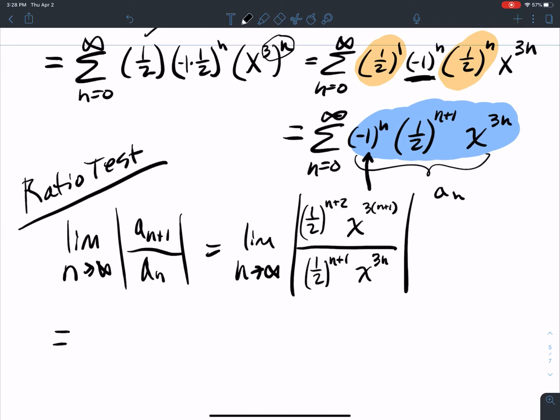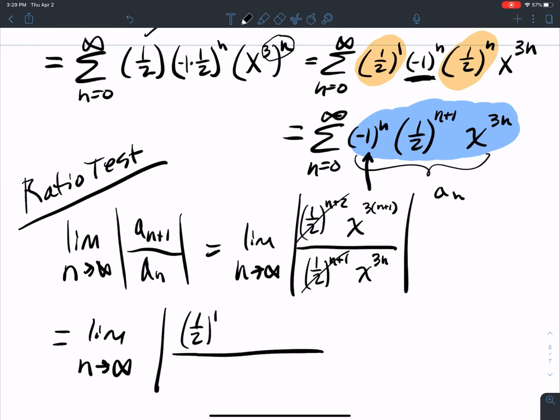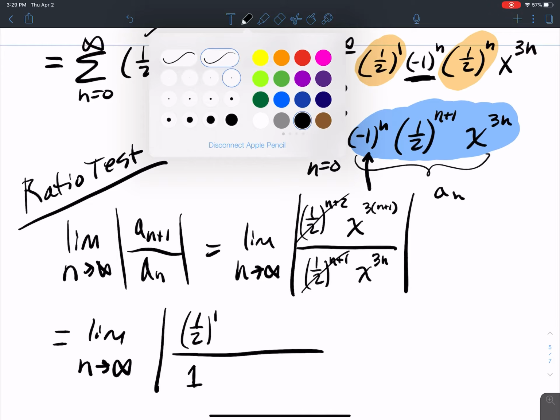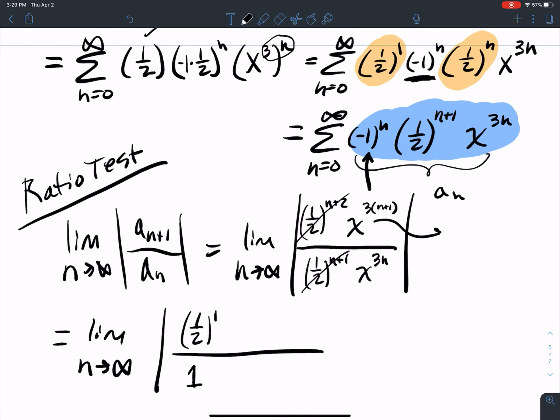And so I take my limit as n goes to infinity. All right, what's going to happen here? These cancel. I have one extra copy of a 1/2 left up here. There's nothing left down there, just a 1. And then in the numerator, what is this piece equal?